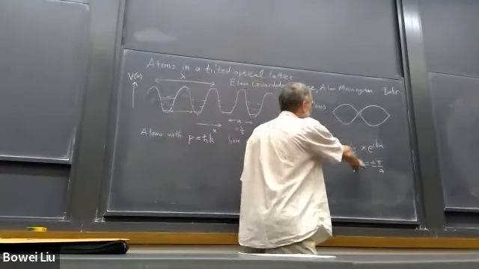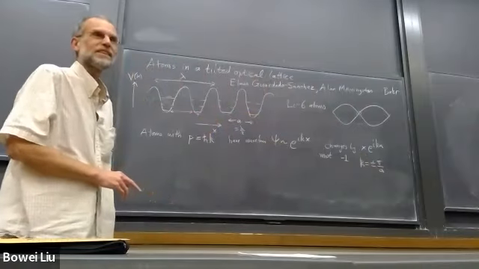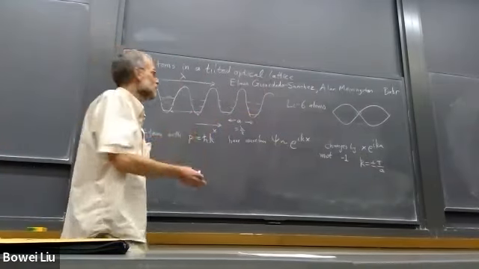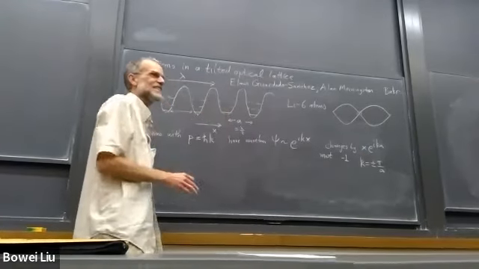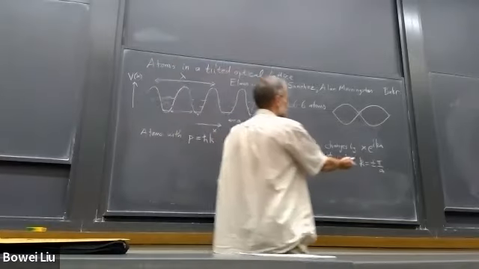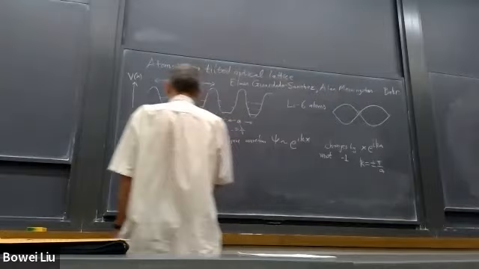So that's the highest momentum a particle in a lattice can have. It doesn't really exist between the sites, so it can't have a higher momentum than plus or minus pi over a.